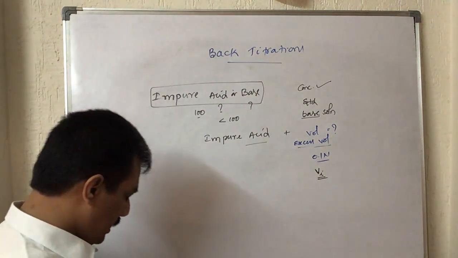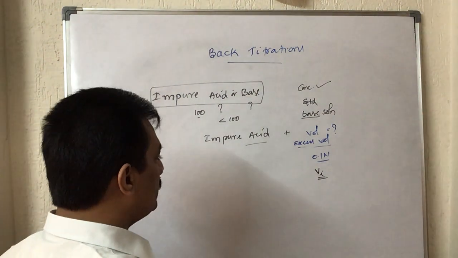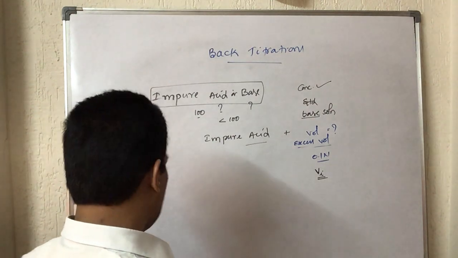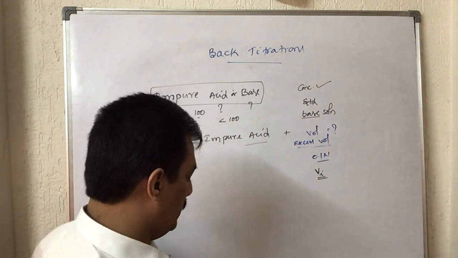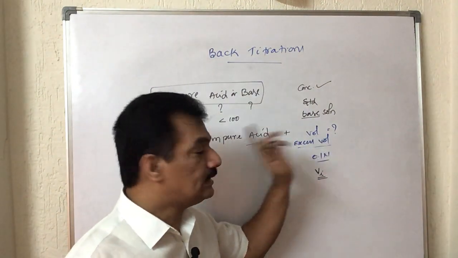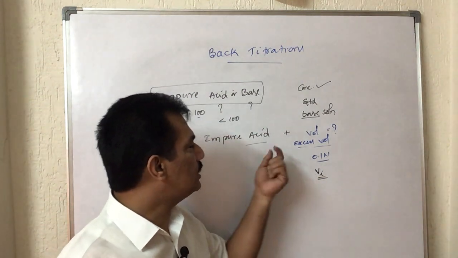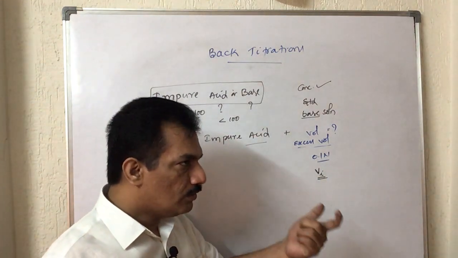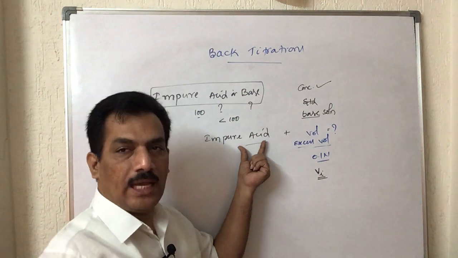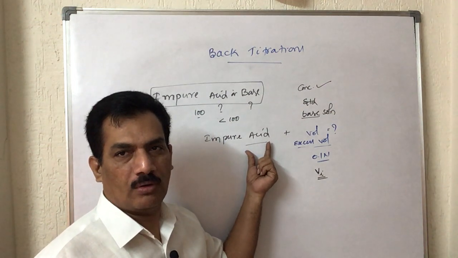Even though we are taking this volume to neutralize the acid, just remember, all this base is not completely used by the solution. We are taking excess, is it not? And the volume that is used is nothing but the volume of the base required to exactly neutralize the acid present in the impure compound.